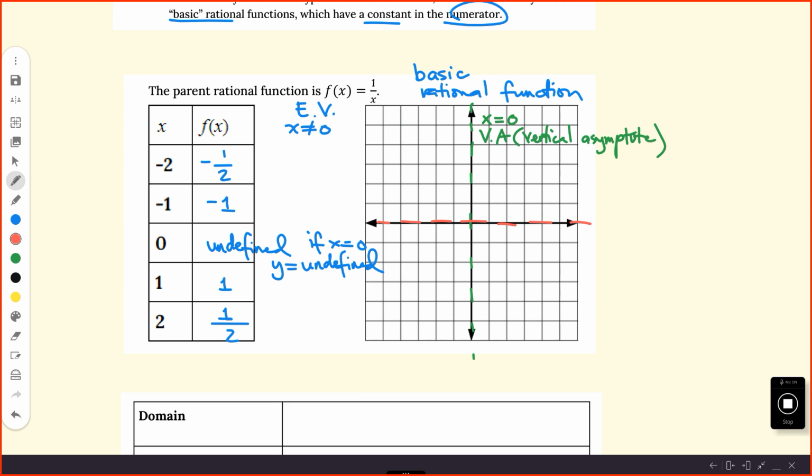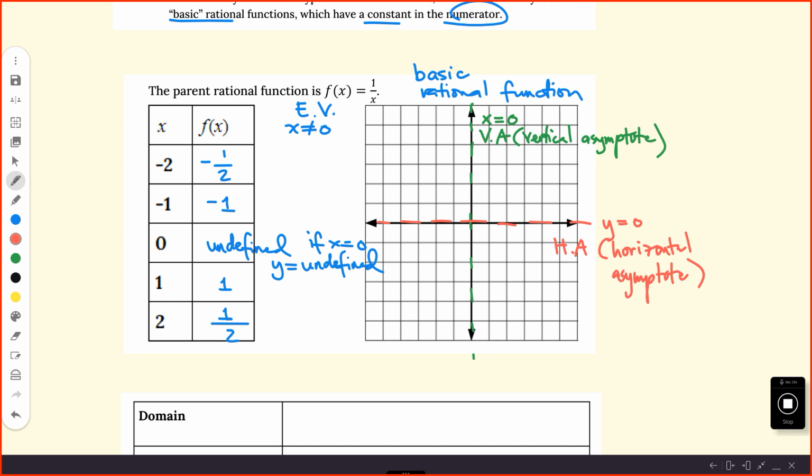This is our horizontal asymptote, or HA. Makes sense? So we have two asymptotes for a rational function.